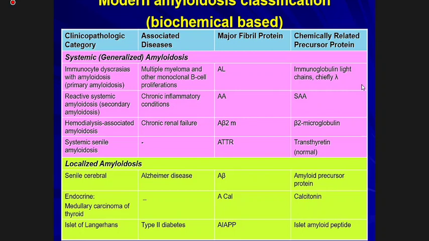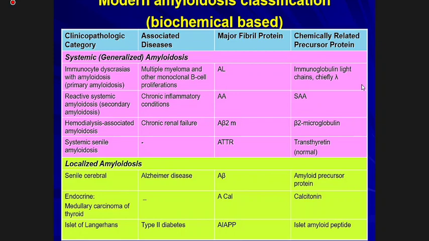This is the form which you can find in Alzheimer's disease, so it is the senile cerebral amyloidosis.